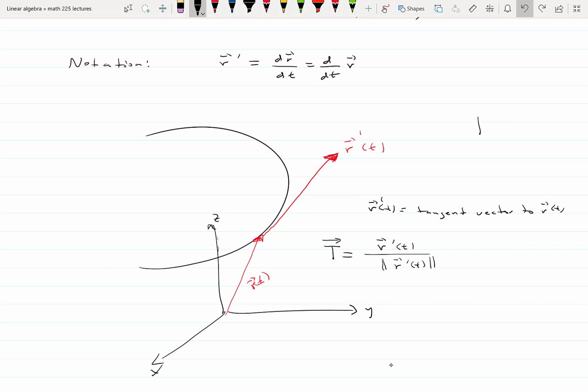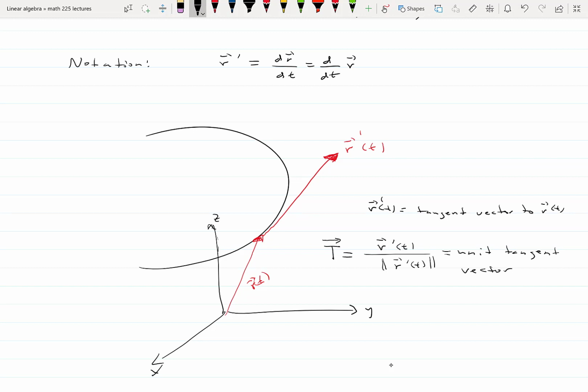It's already indicated by the fact that we're using the letter capital T for this unit vector. Capital T is called the unit tangent vector. This is the unit tangent vector. And the only thing it does for us right now is it points in the direction of the curve. It has length 1.